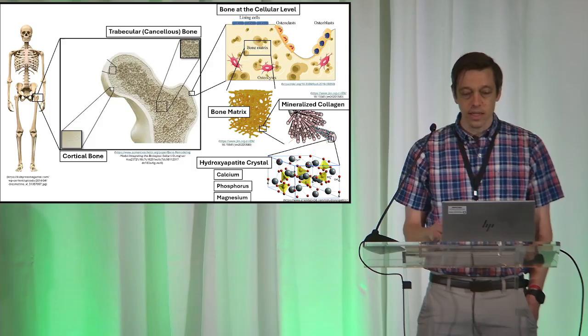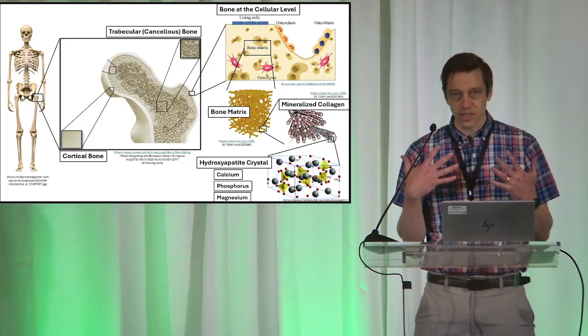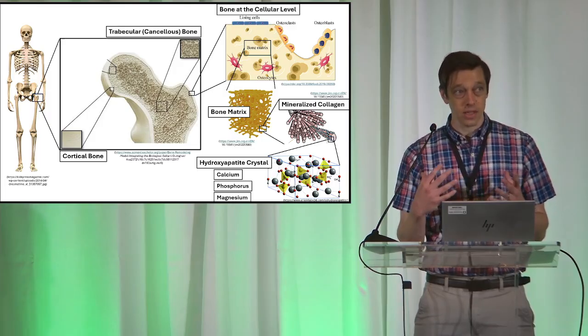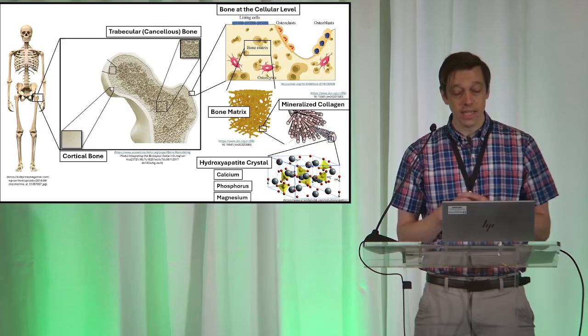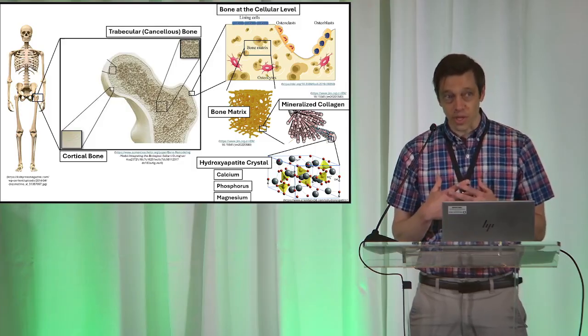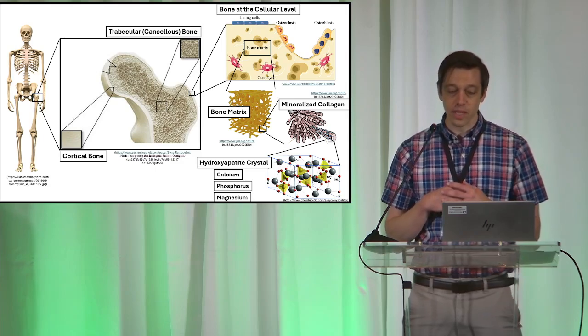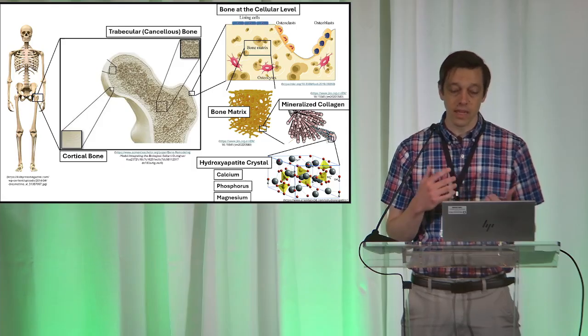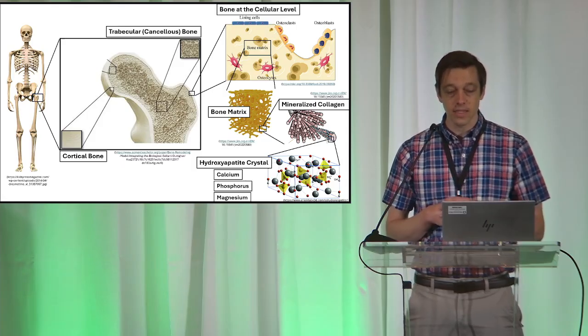And the bone matrix forms a 3D scaffold on which these minerals bind in order to form that full structure of the bone. And the minerals take a form of what we call hydroxyapatite crystals. So it's a combination of calcium, phosphorus, magnesium, and some other factors.